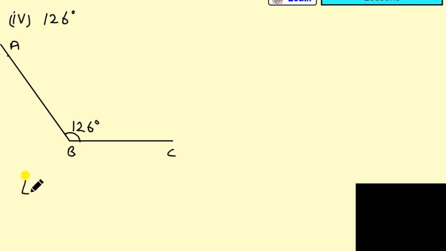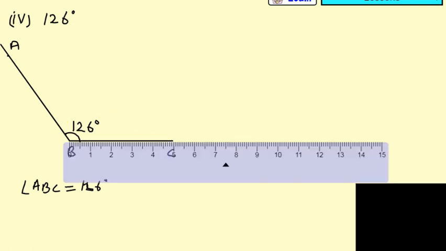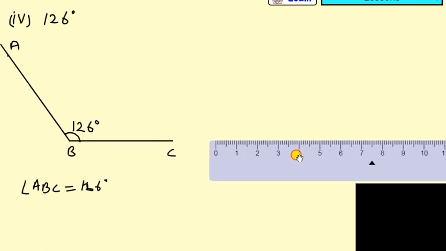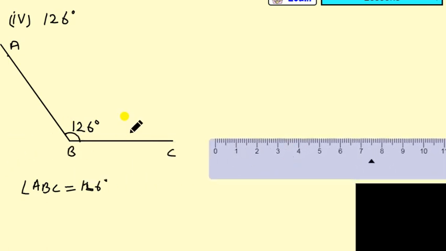Now remove the scale and take the compass at point B, keep a distance like this and draw an arc like this. It is very simple to draw this arc.